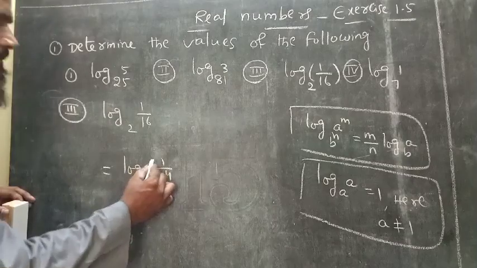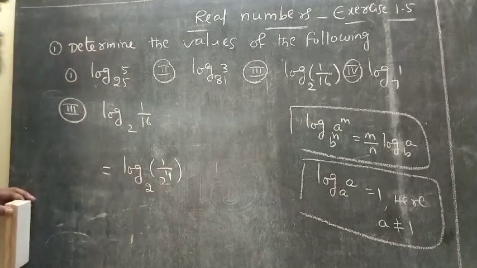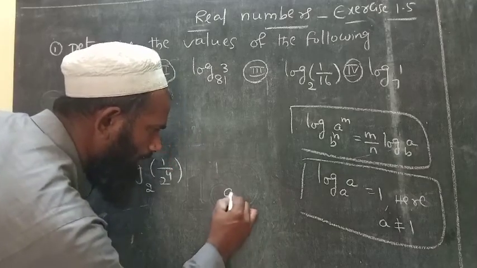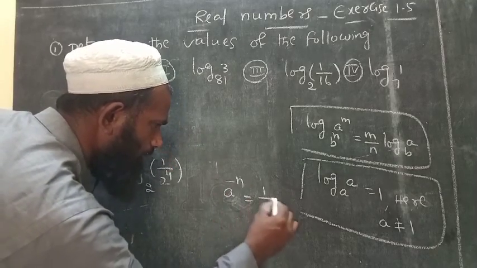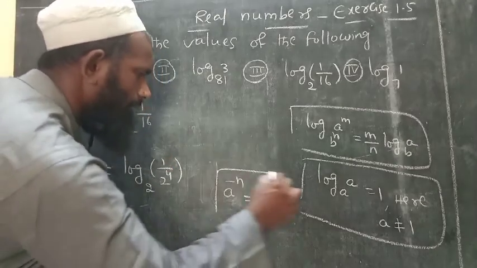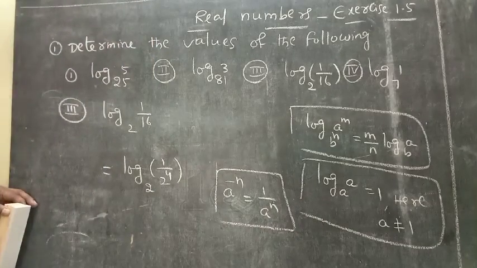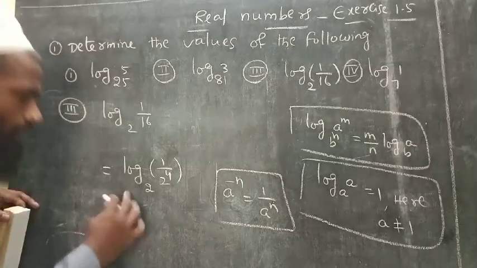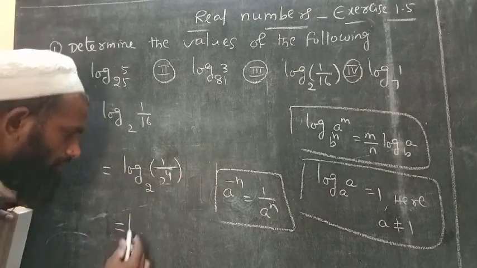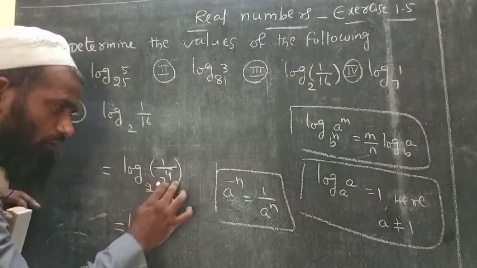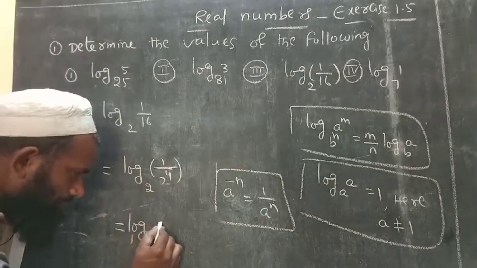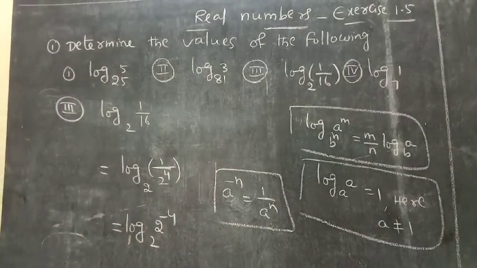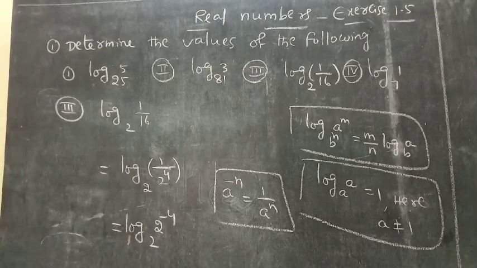Here we know a power minus n is nothing but 1 by a power n. From this we get log of 1 by 2 power 4, which is 2 power minus 4, base 2.